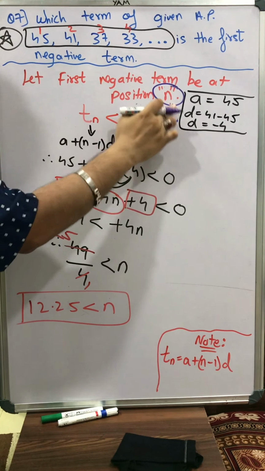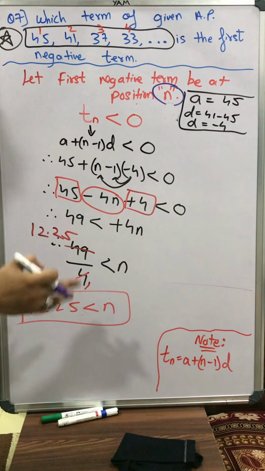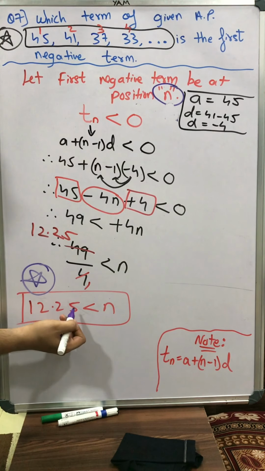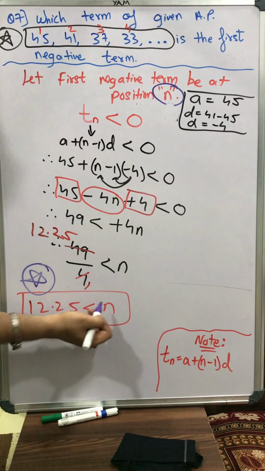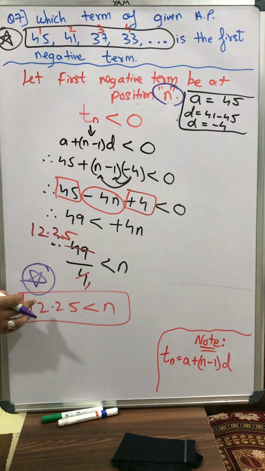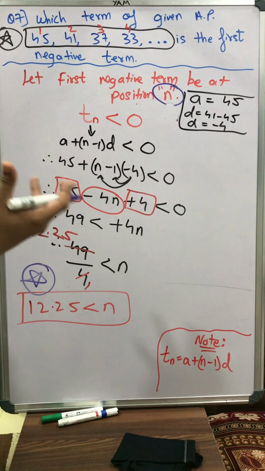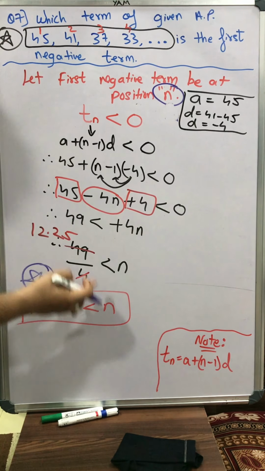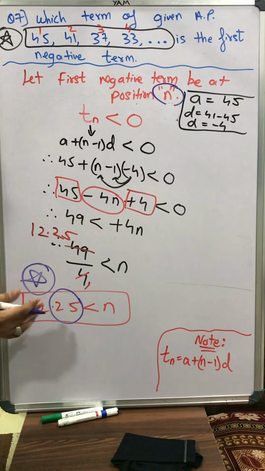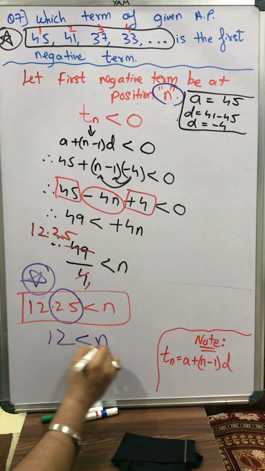Agreed? Here also we considered that the first negative term is at n, and here we achieved that 12.25 is less than n. Whenever we speak about terms, about quantity, n deals with the position, so we don't consider the decimal points. So I'll say 12.25 is less than n means 12 is less than n.